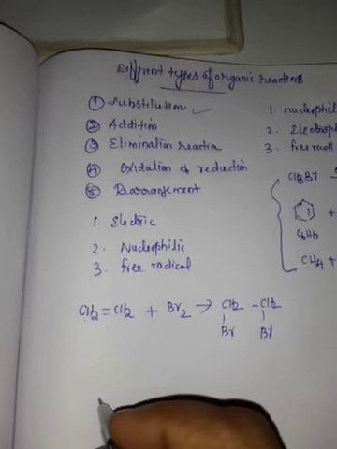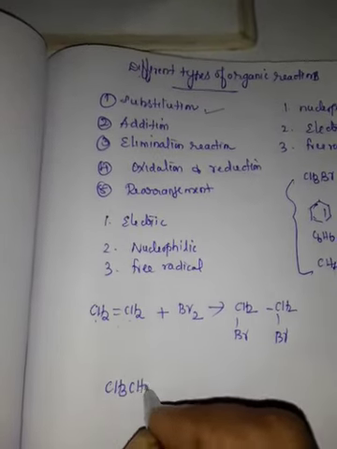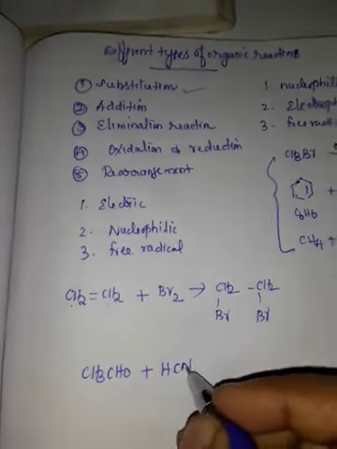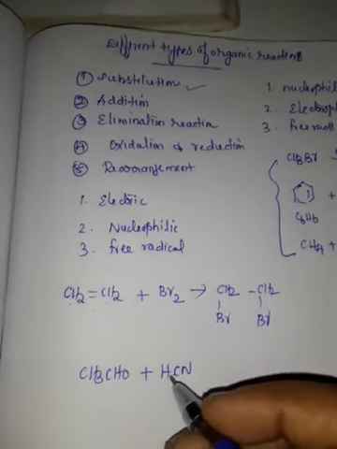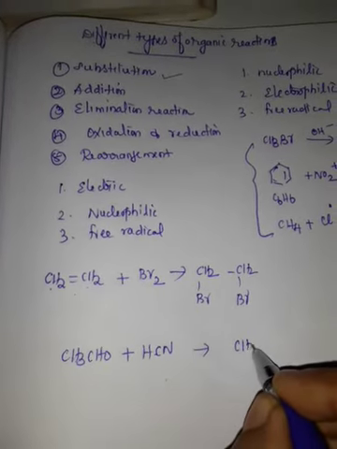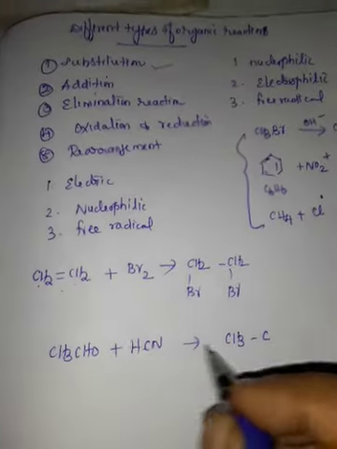Next, nucleophilic addition. Take acetaldehyde, CH3CHO. HCN is added. So see, the carbon now gives CH3, CH.